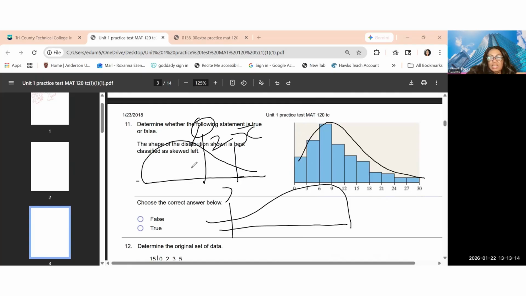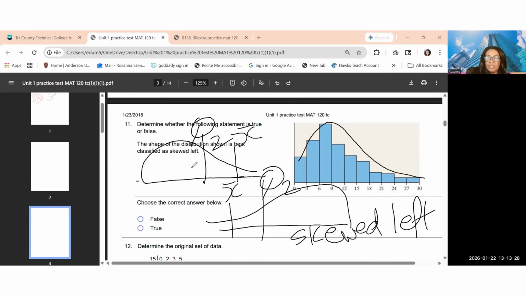So in any skewed left distribution, the mean is less than the median. So this is skewed left, and this is skewed right.